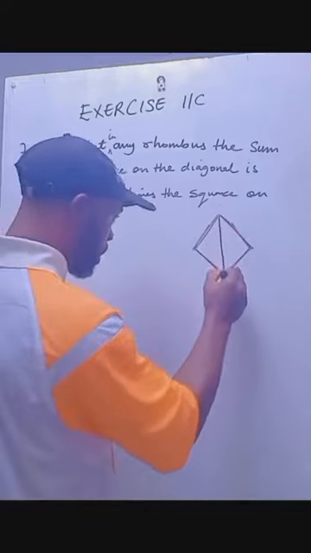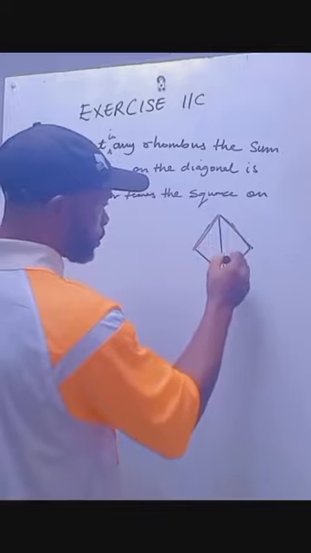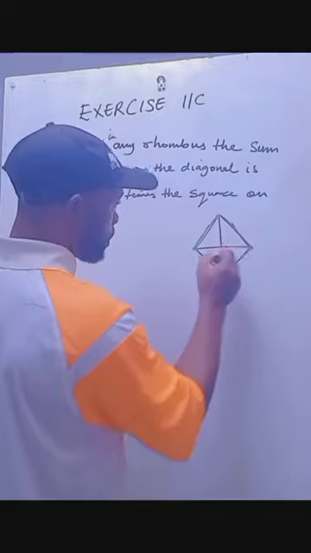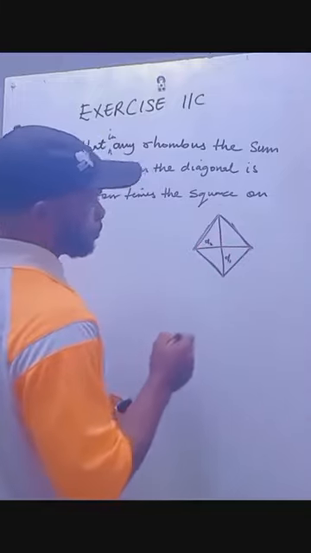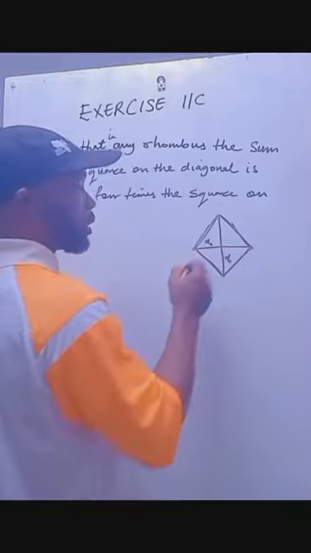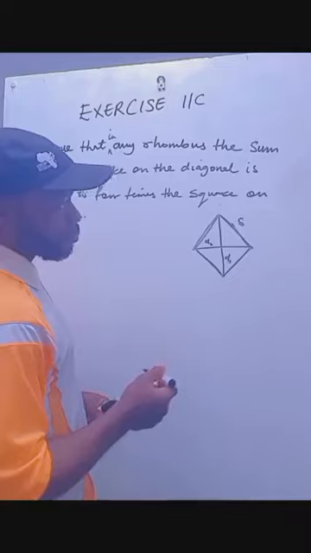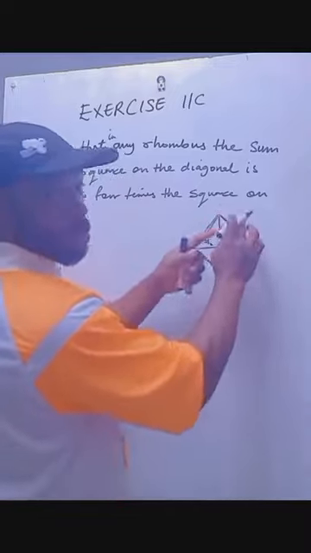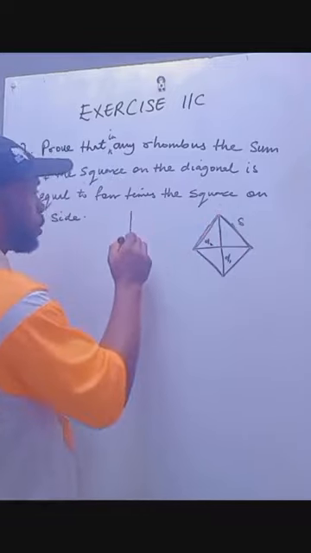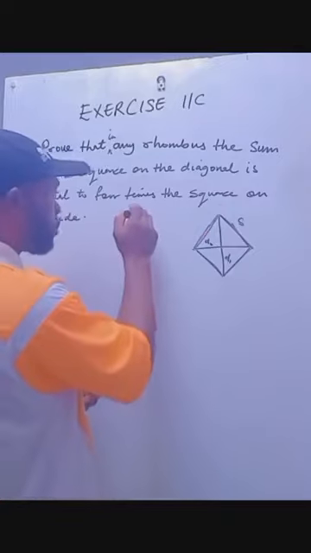So let this be the diagonal D1 and the diagonal D2. And let the sides of the rhombus be S. So we are going to consider one side of the rhombus.